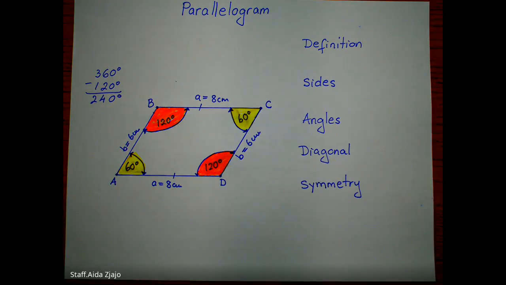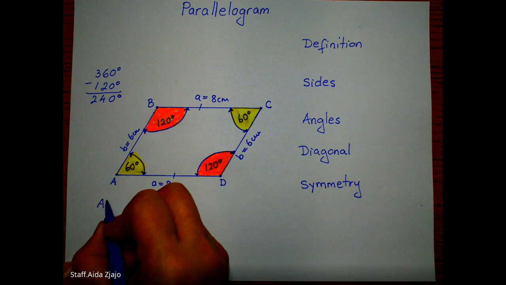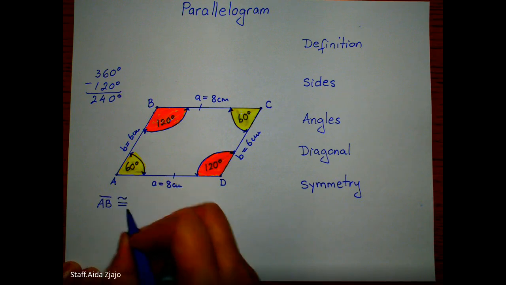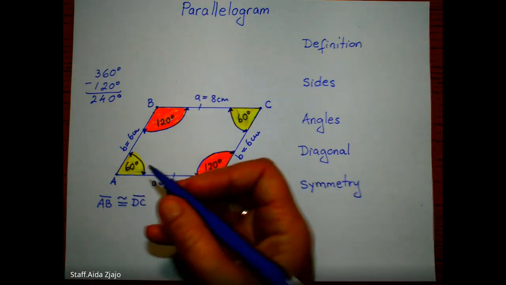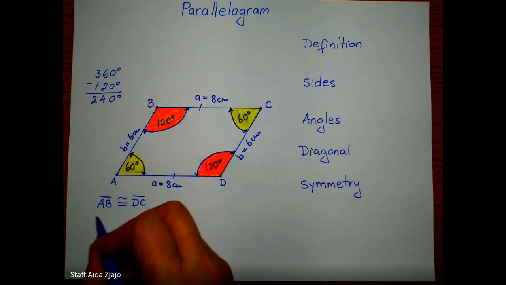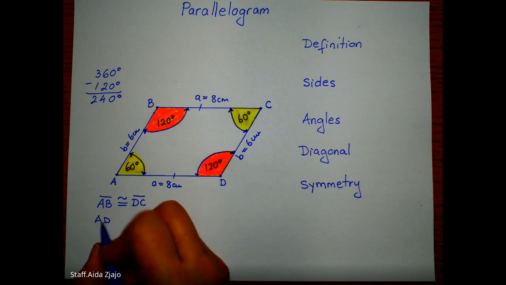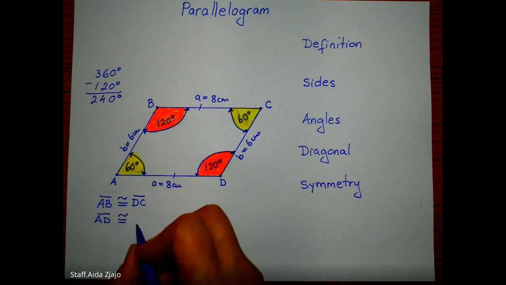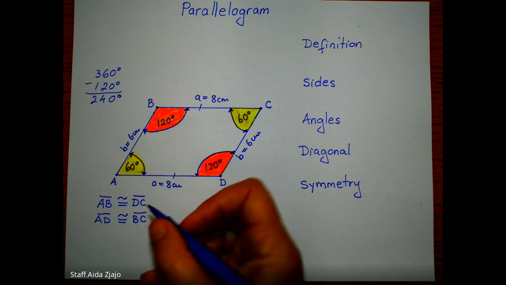So we can label the sides: AB line segment is congruent to DC line segment, and then AD line segment is congruent to BC line segment.